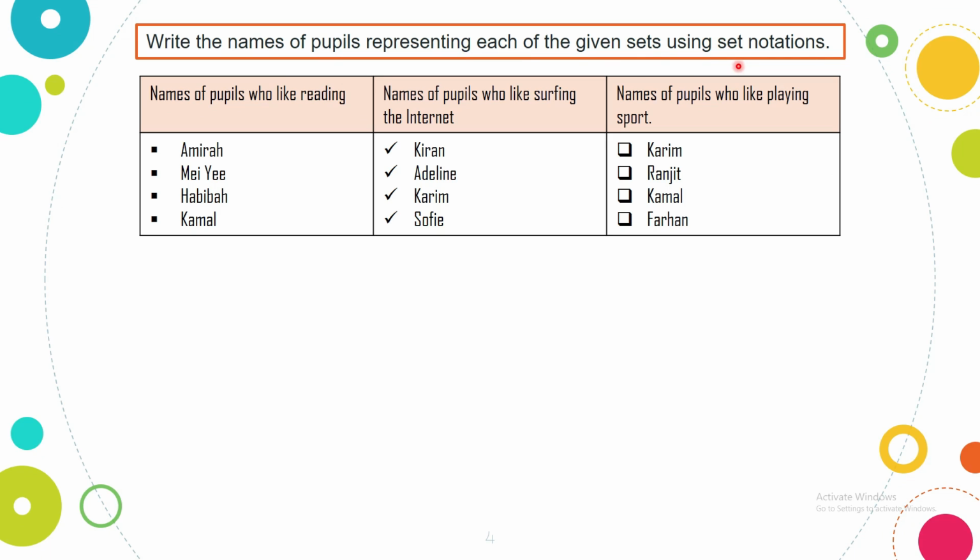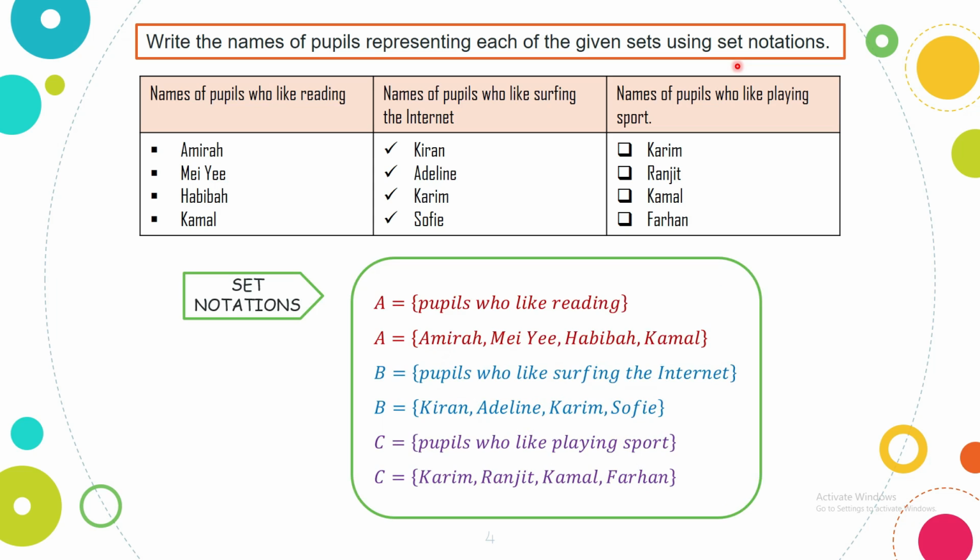How do we convert it into set notation? Like this. Set A is the pupils who like reading, meanwhile set B is the pupils who like surfing the internet, and set C is the pupils who like playing sport.